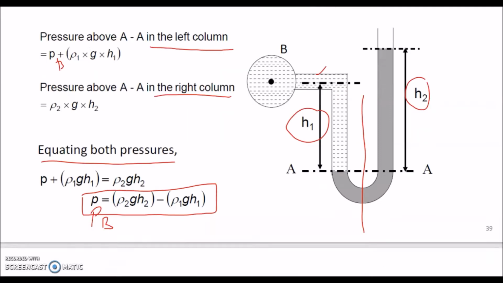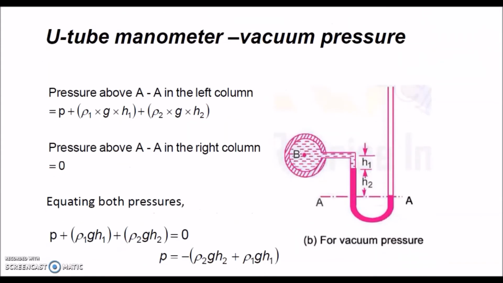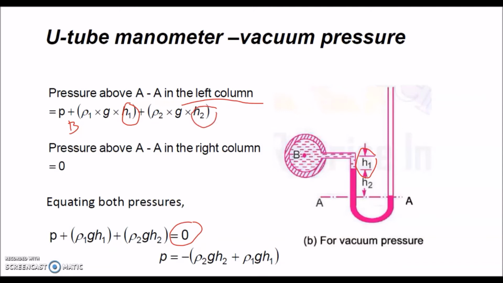Then the U-tube manometer for vacuum pressure. Here is the difference, the 0. For the left column, we have the pressure at point B, then H1, and then the pressure for a different liquid, H2. So density 1 and density 2 are different, maybe oil and mercury.